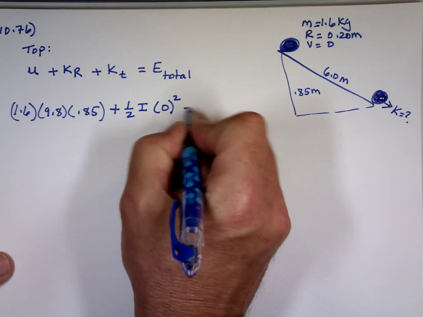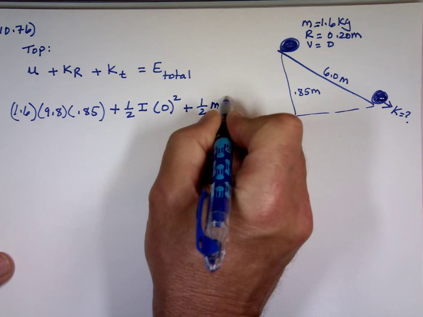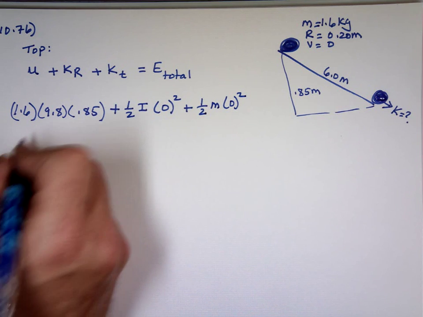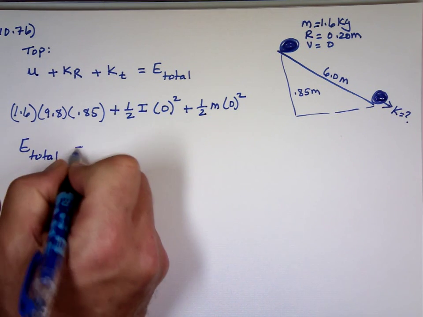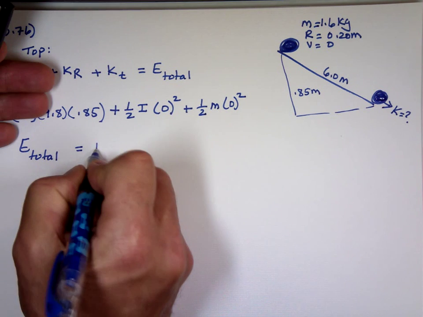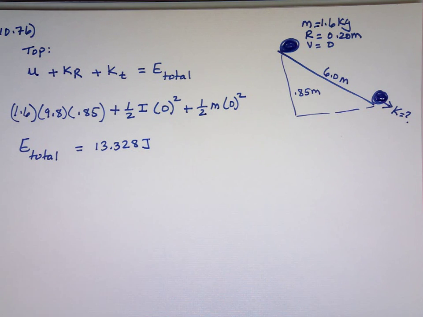Plus kinetic energy, 1/2 the mass, times the velocity squared. So the top, what's the E total equal to? The total energy in it. 13.328 joules. This is the top.